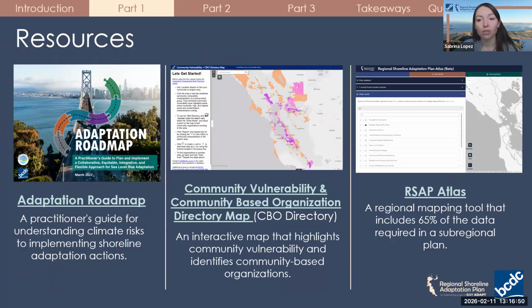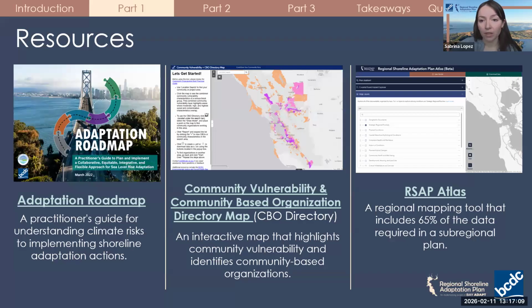Next, let's look at some resources to support subregional planning. The Adaptation Roadmap is a practitioner's guide that walks you through moving from understanding climate risks to identifying and implementing shoreline adaptation actions. We'll be diving into this resource more in the next slide.